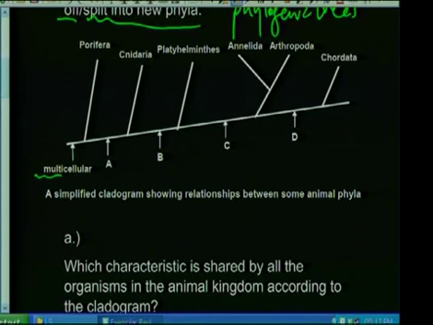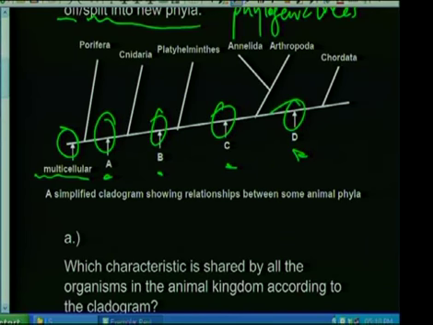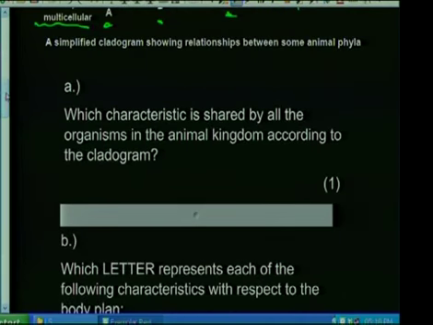So here the word comes in multicellular at this joint. And thereafter, Porifera, Cnidaria, Platyhelminthes, Annelida, Arthropoda, Chordata, and the letters A, B, C, and D, indicating, as I said earlier, where a branching off or split took place between different phyla. Which characteristic is shared by all the organisms in the animal kingdom according to this cladogram?